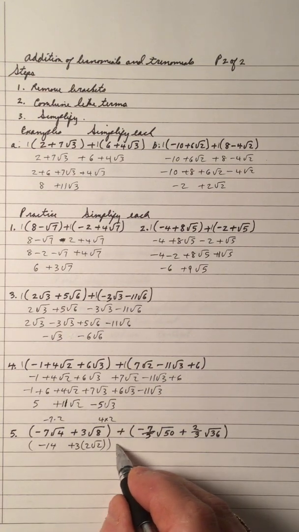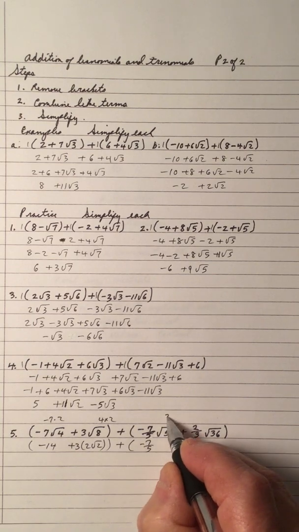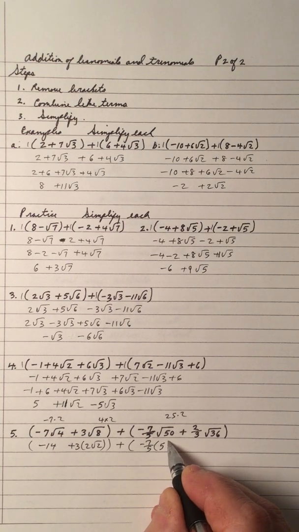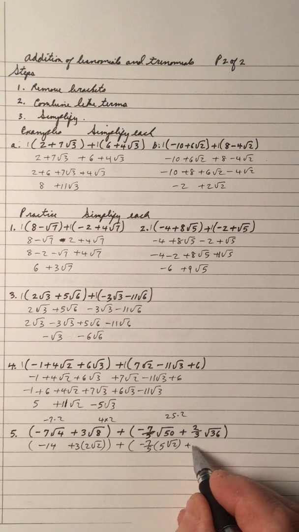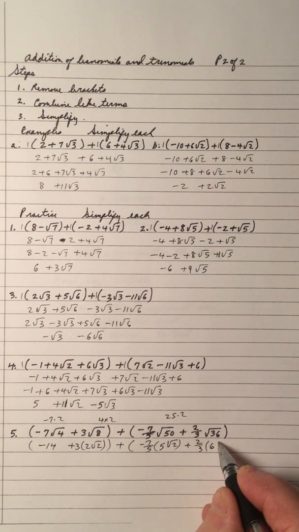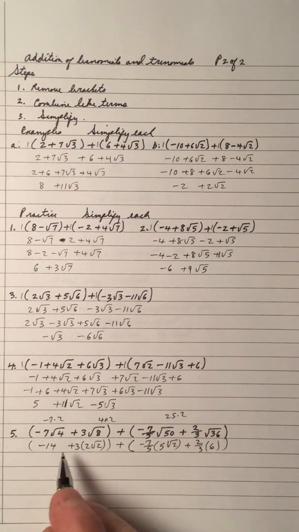And leave everything alone, so we just keep going. 50 is 25 times 2, so that's a 5 root 2. And 2/3, 36 is a 6, so there we are, the big brackets.